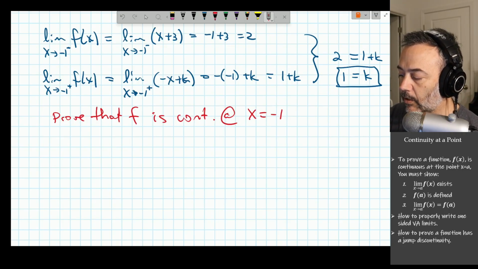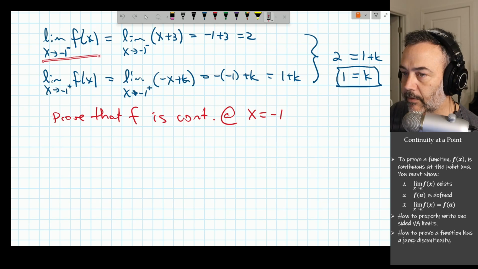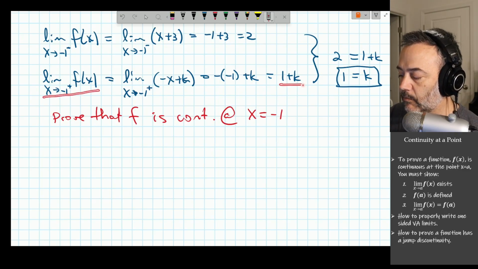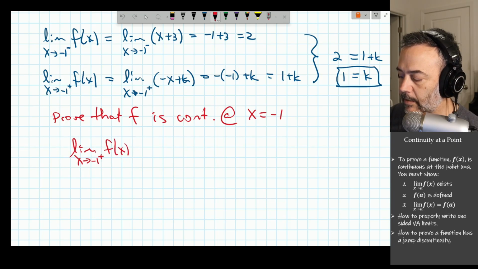Well, I've actually already shown the left limit equals 2. I don't need to do that again. And I've shown the right limit equals 1 plus k. So it would be helpful to write the limit as x goes to -1 from the right of f of x equals 1 plus k. But what is that?